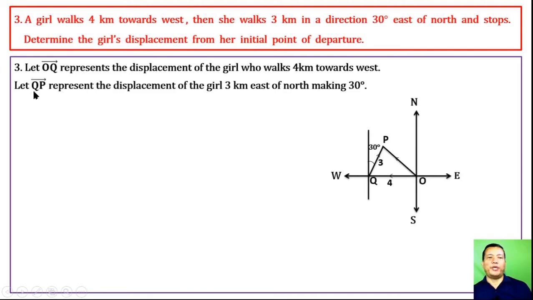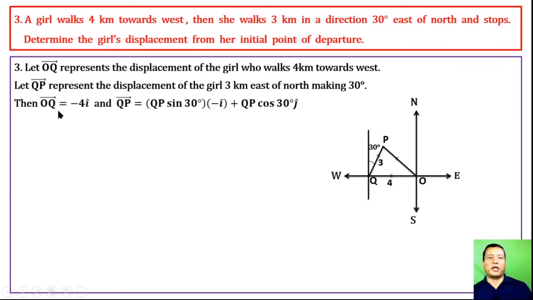Let QP vector represent the displacement of the girl 3 km east of north making 30 degree. Northagi is from a 30 degree semaga satpa making 3 km to OP vector sina Mount Silasi.